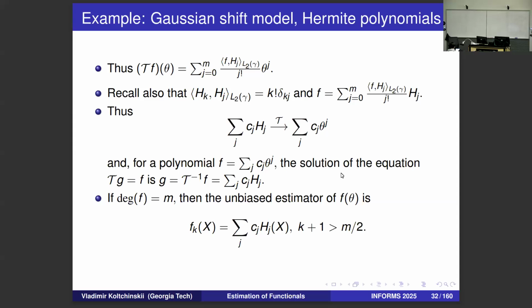You need to replace powers by Hermite polynomials of the same degree. It's a well-known fact in the theory of unbiased estimation, but it can be explained in terms of this Neumann series approach.